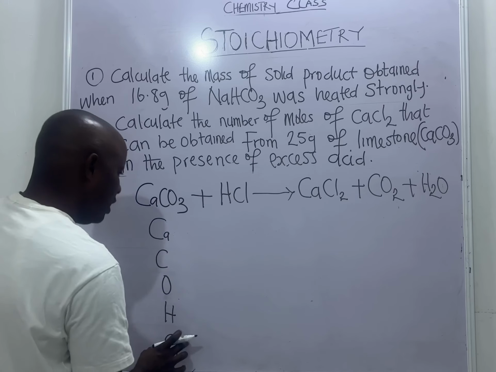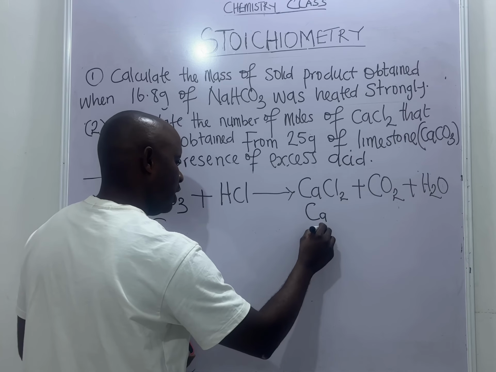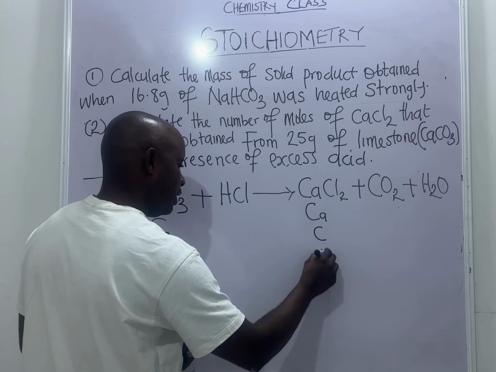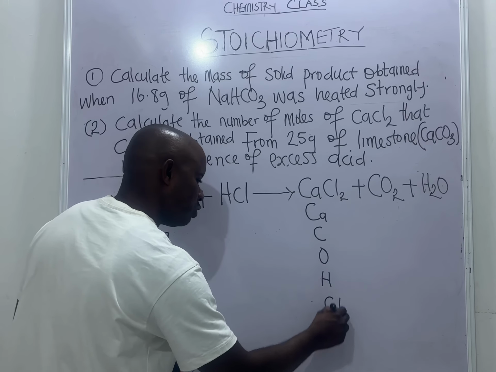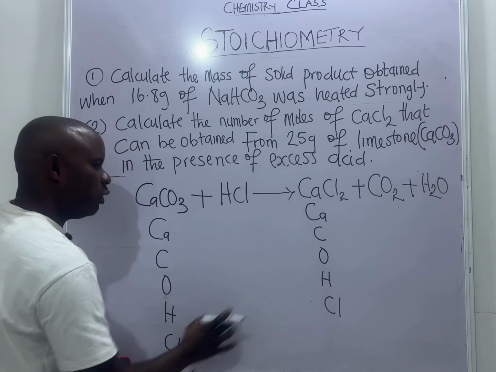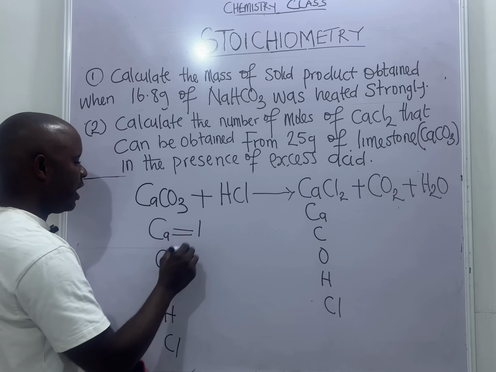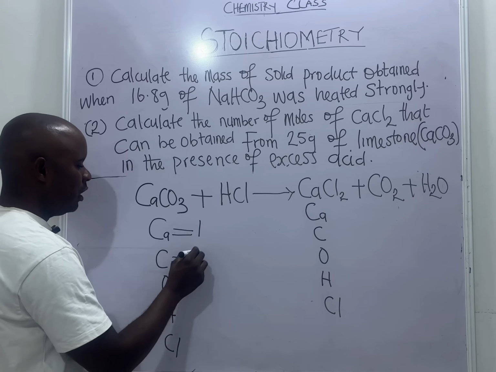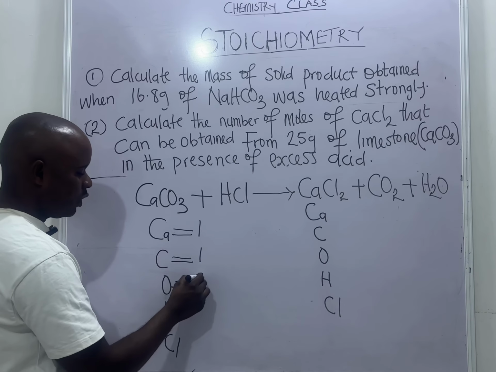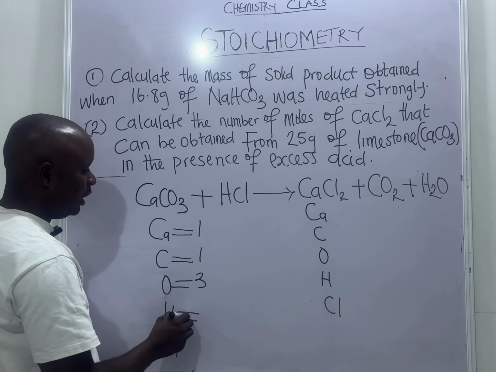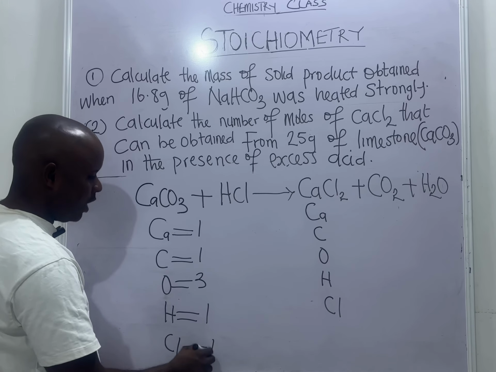The same chemical elements must be present at the product. Energy cannot be created nor destroyed in an ordinary chemical process. So we have one calcium, one carbon, oxygen is 3, hydrogen is 1, chlorine is 1.